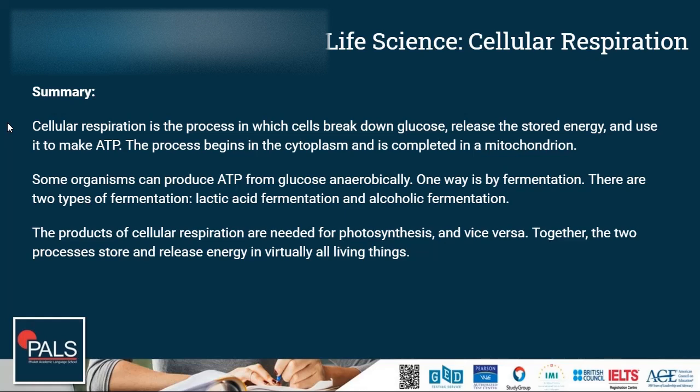One way is by fermentation, alcoholic fermentation, or lactic acid fermentation. Lactic acid fermentation, for example, in our muscles, alcoholic fermentation done by the microorganism yeast. The products of cellular respiration are needed for photosynthesis and vice versa. Together, the two processes store and release energy in virtually all living things.